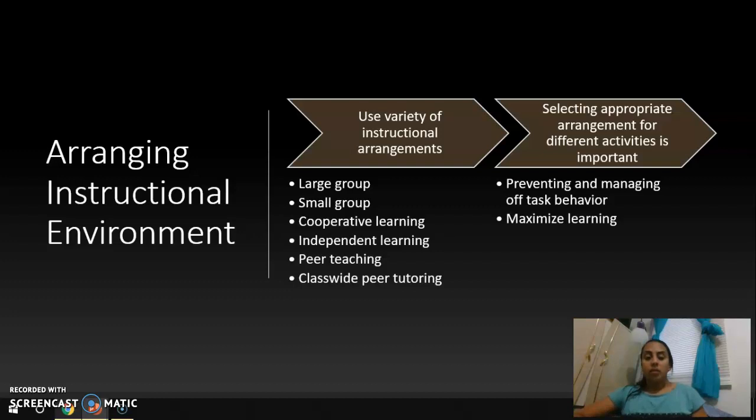Peer teaching would be having a student who has mastered the concept or skill teach a student who hasn't mastered that skill or concept yet. So one of them serves as a teacher and the other serves as a student.